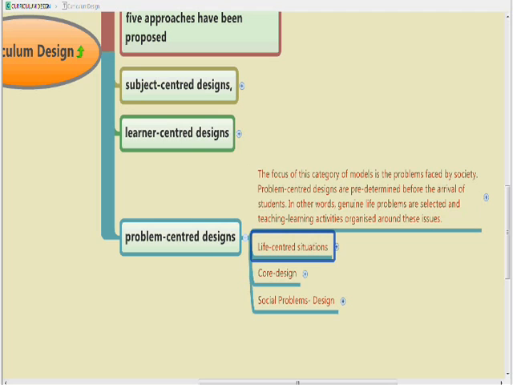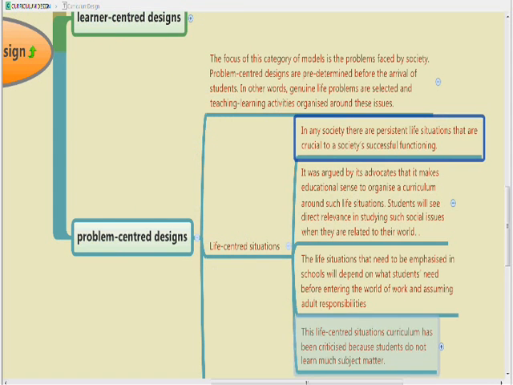The life-centered situation: in any society there are persistent life situations that are crucial to society's successful functioning. Advocates argue that it makes educational sense to organize the curriculum around such life situations.